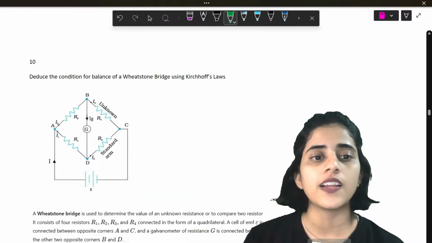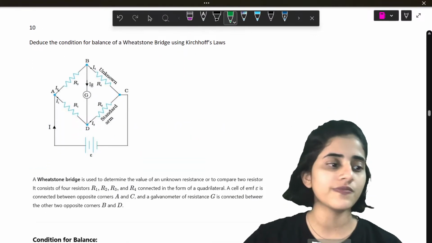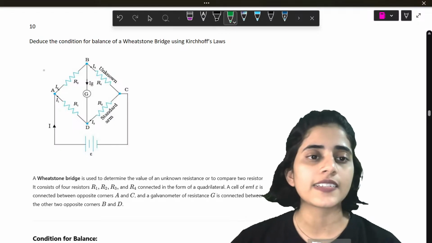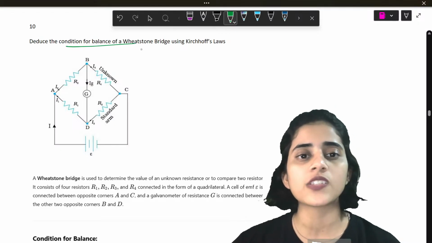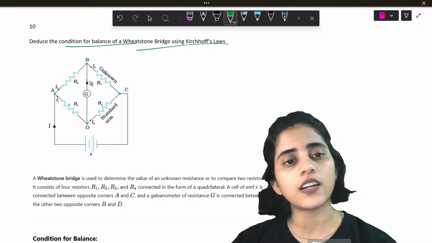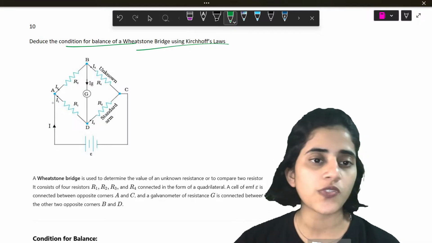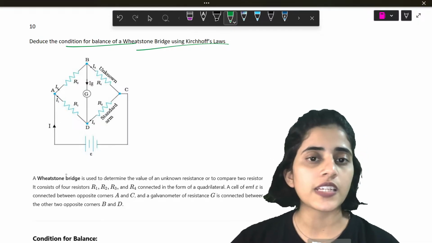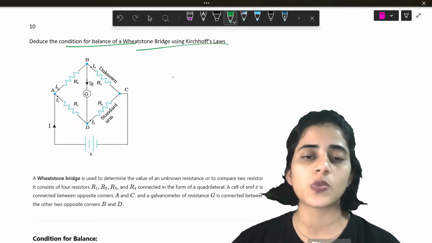Let's look at the next question. Deduce the condition for balance of a Wheatstone's bridge using Kirchhoff's law. For Kirchhoff's law, first you need to draw a Wheatstone's bridge. What is a Wheatstone's bridge?